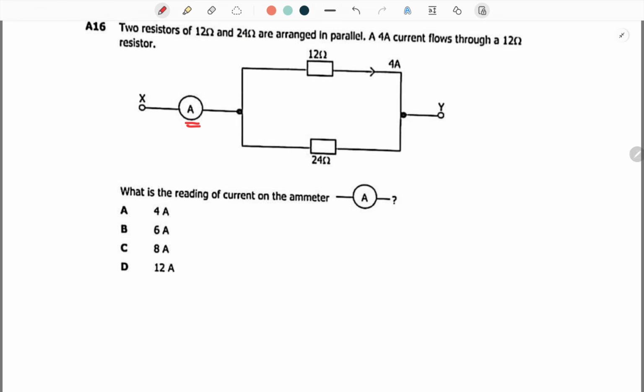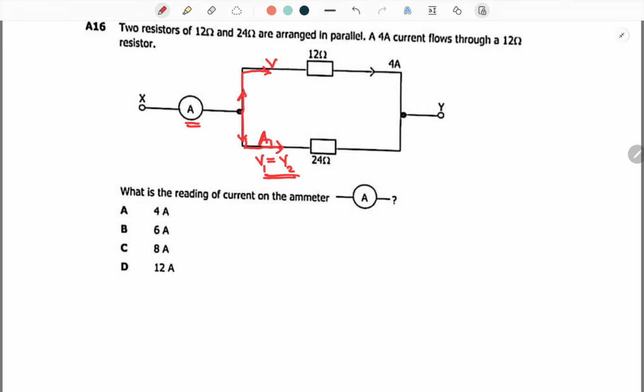For two resistors which are arranged in parallel, what is the same is their voltage. The voltage which is going this side and the voltage which is going this side are the same. Let me call them voltage 1 and voltage 2. They will be the same. What is going to be different is simply the current.